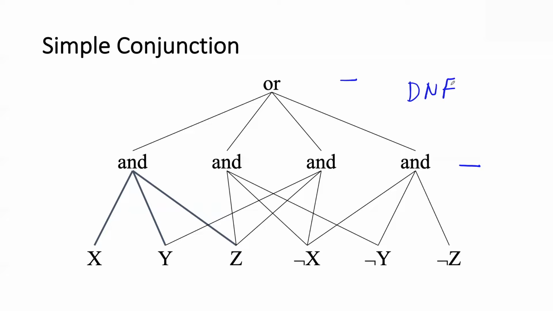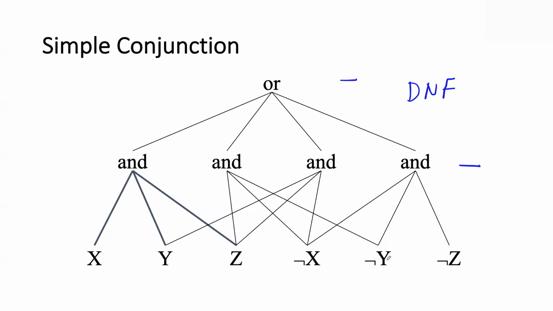But let me ask you a question. This is flat and satisfies the simple conjunction, meaning just a conjunction of distinct literals. This circuit type satisfies a property that we talked about earlier. What is it? Remember, what I'm saying is the simple conjunction property is that every and is simply the children are distinct literals. You can't have arbitrary sentences with distinct literals. Think about it. We had decomposability, we have determinism, and we had smoothness.